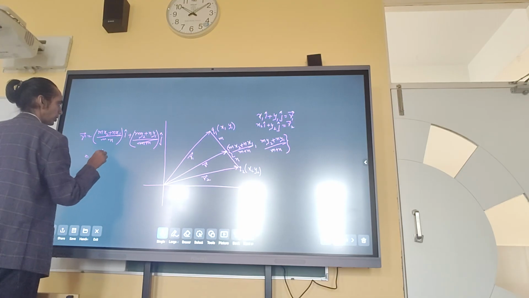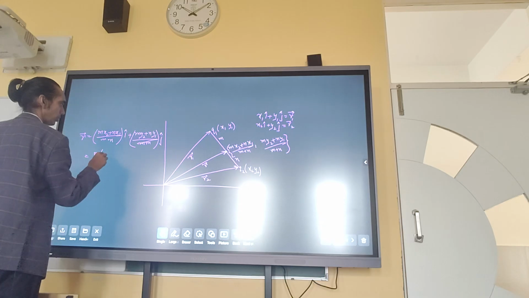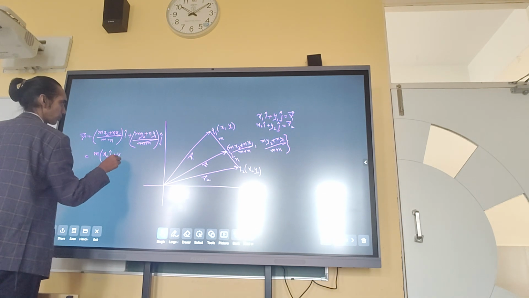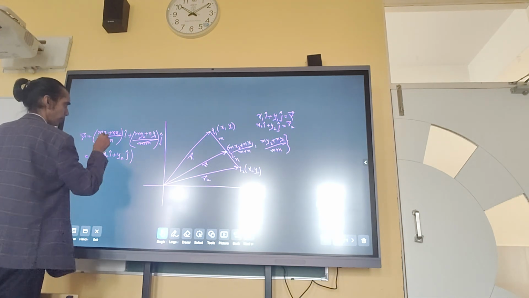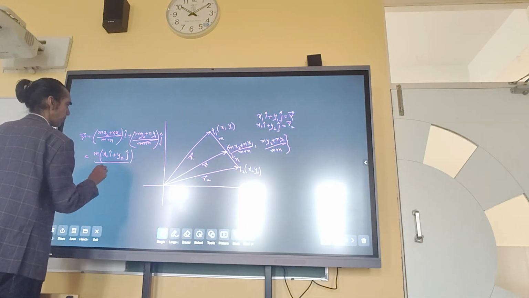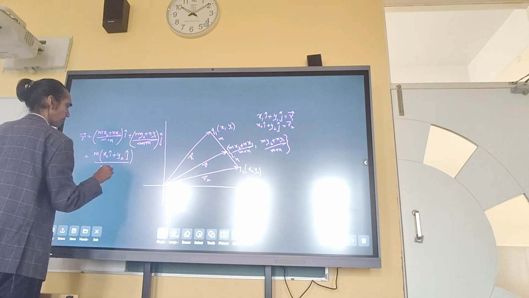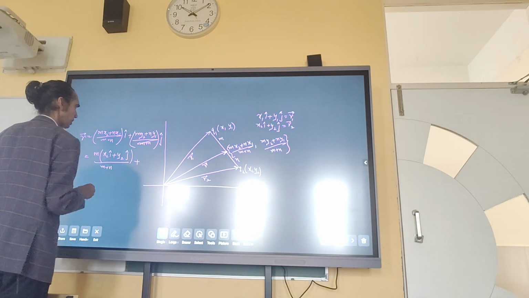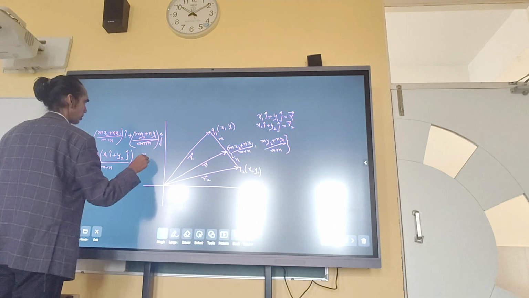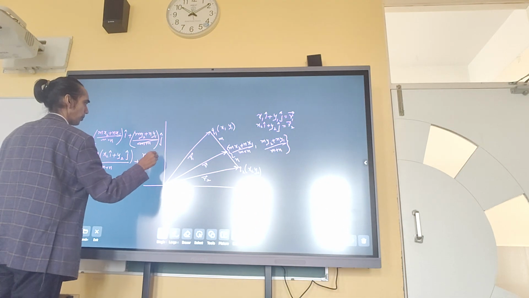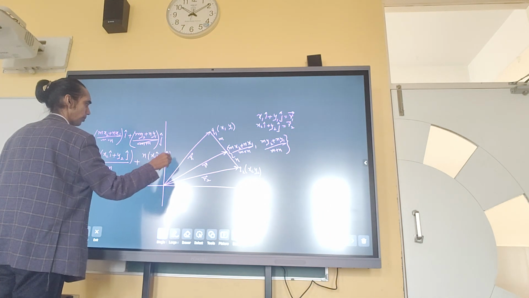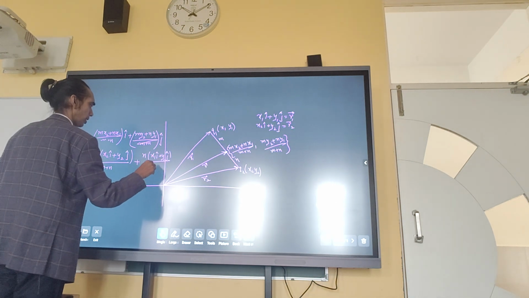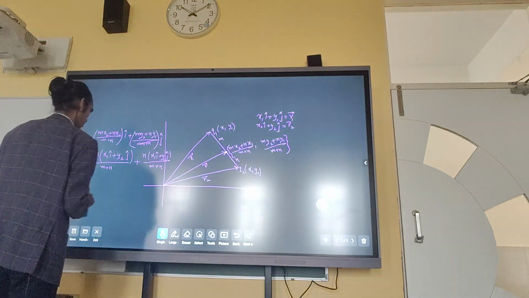We can write it down as m here common, (x2 I cap plus y2 j cap), right, and whole, plus n common, (x1 I cap plus y1 j cap), whole divided by m plus n.